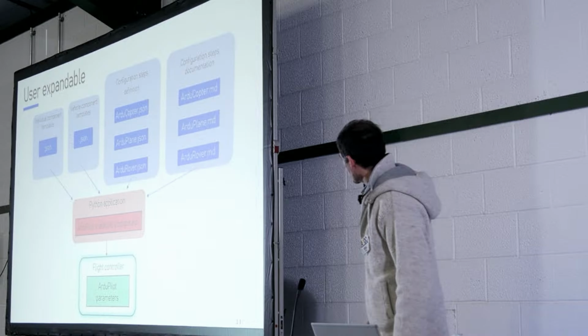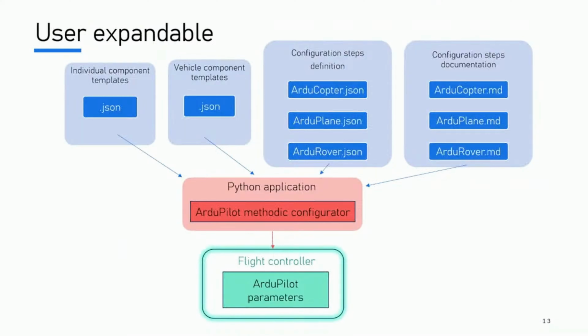And then, parallel to the JSON files, you can have an MD file. That's basically the documentation, and there are links between those. So the MD file has links to the JSON, and the JSON has links to the MD. So by providing those things, we can add support for newer vehicles like sub or heli or whatever.